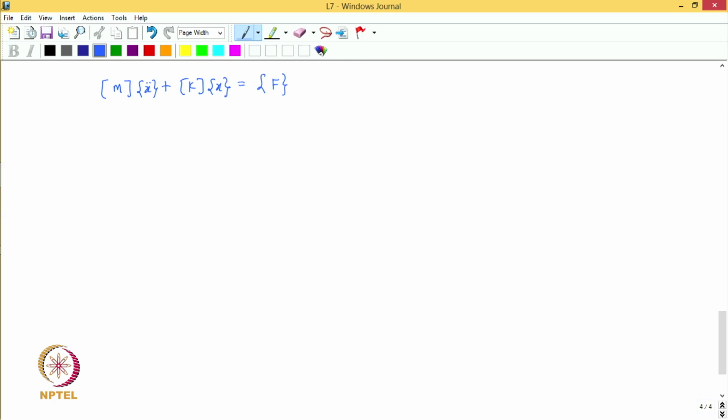And so, if we now substitute x is equal to psi y, then I get m psi y double dot plus k psi y is equal to f.